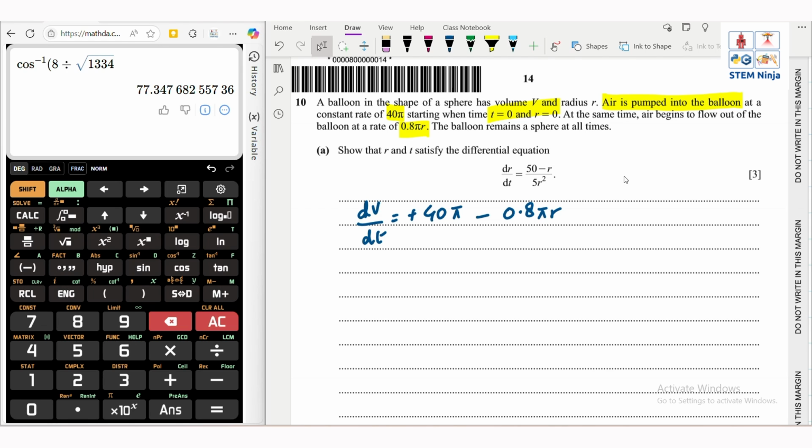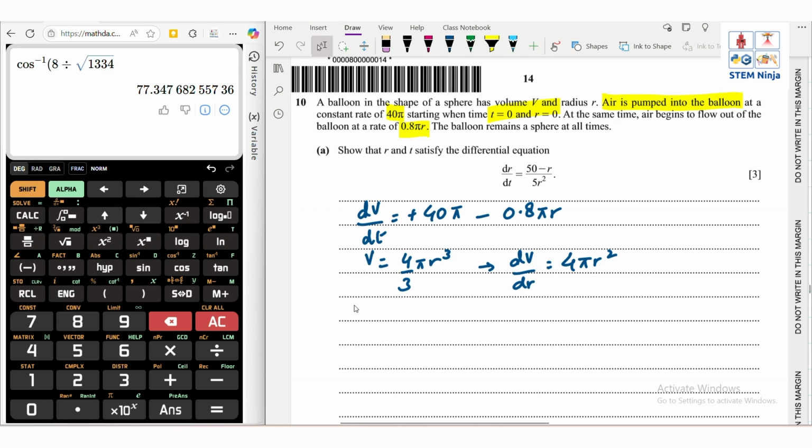Now, since this is a sphere, V is 4 over 3 pi r cubed. So dv over dr, the 3 comes down, is just 4 pi r squared.